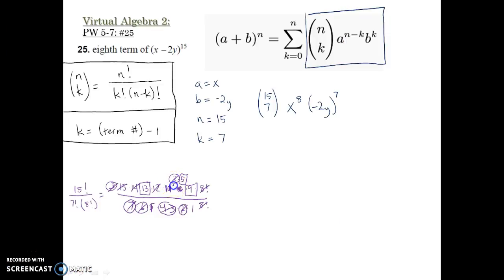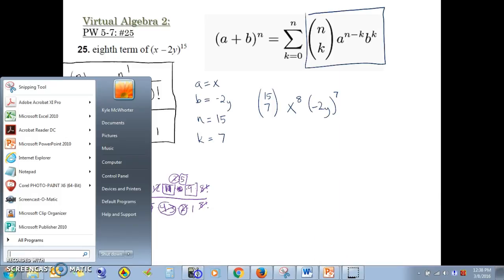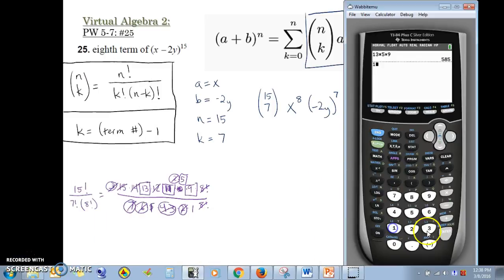Uh-oh, silly me. Look, the 11 kind of looked scratched out, but it really wasn't. So I have to do 13 times 11 times 5 times 9. And so that is 6,435.